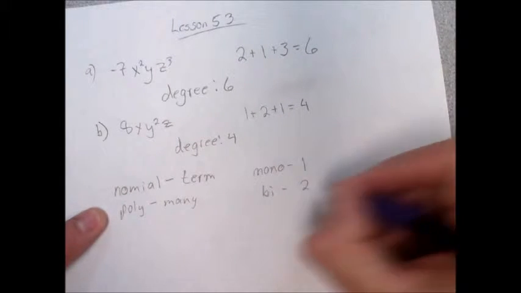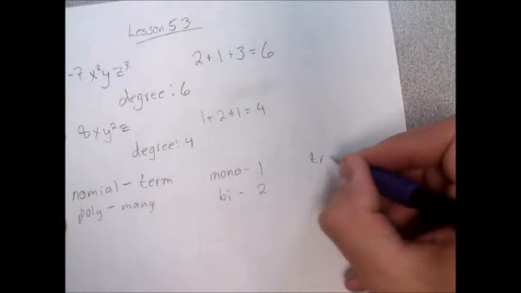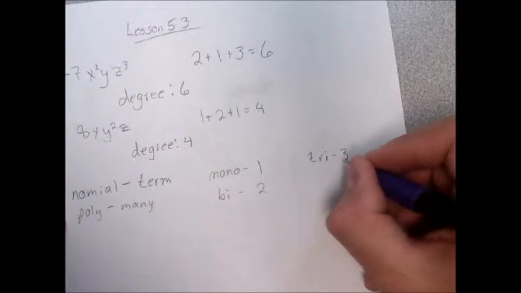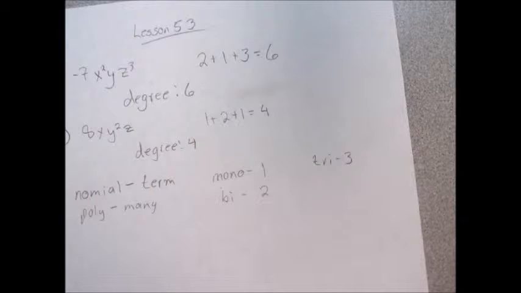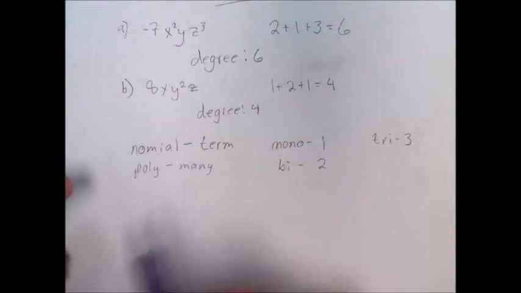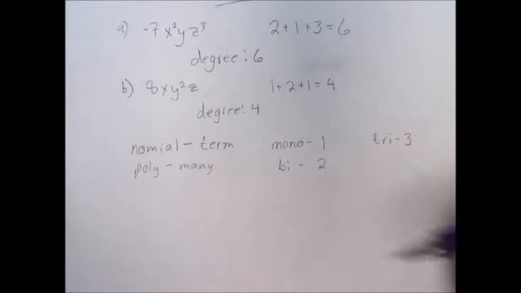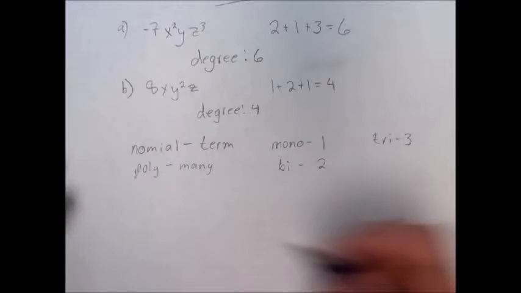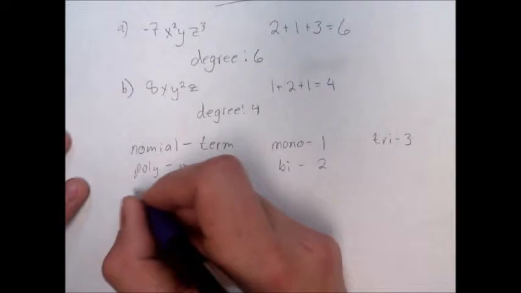Binomial means 2. Trinomial will mean 3. We probably won't see anything bigger than a trinomial, so we'll stop there. But you need those definitions. Nomial basically means term. So if you see polynomial, that's many terms. Monomial, 1 term. Binomial, 2 terms. Trinomial, 3 terms. And maybe we should define terms, basically.